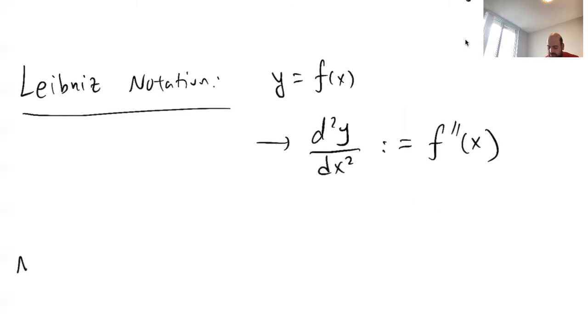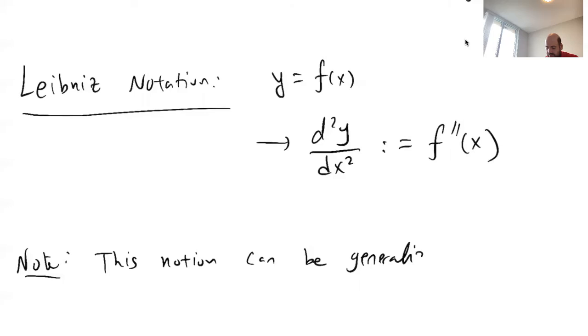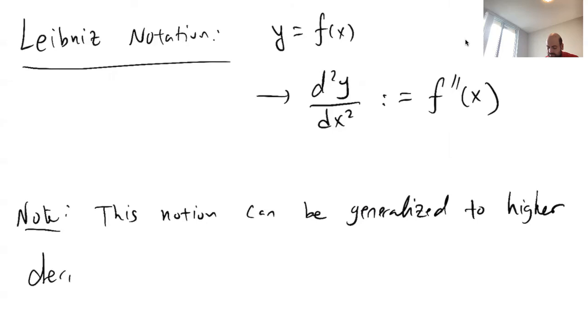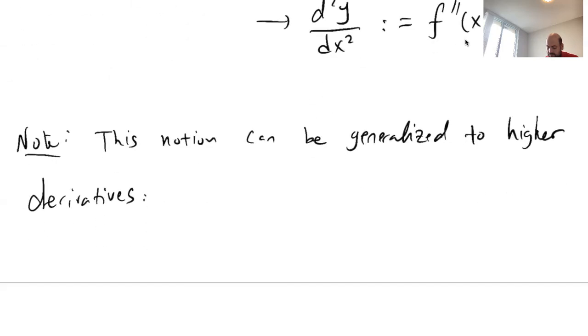So this notation can be generalized to higher derivatives as well. So for example, f triple prime of x is defined as the third derivative, basically.